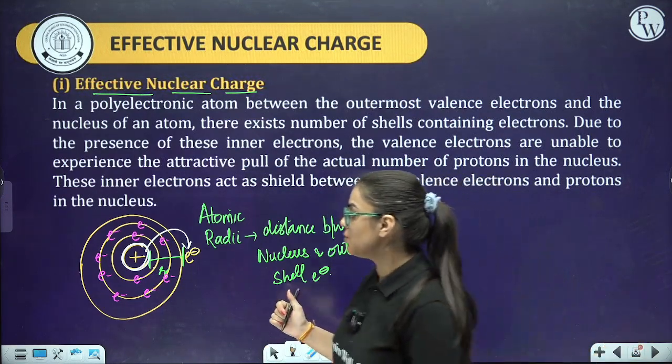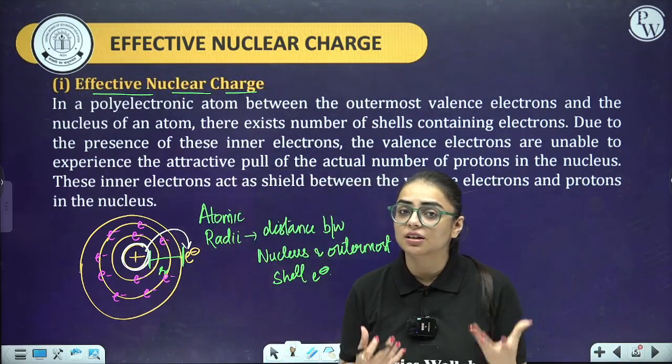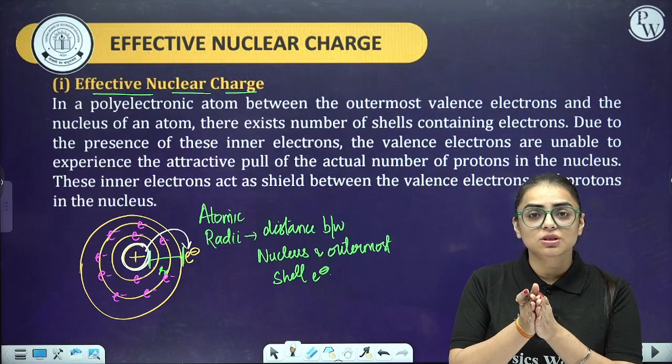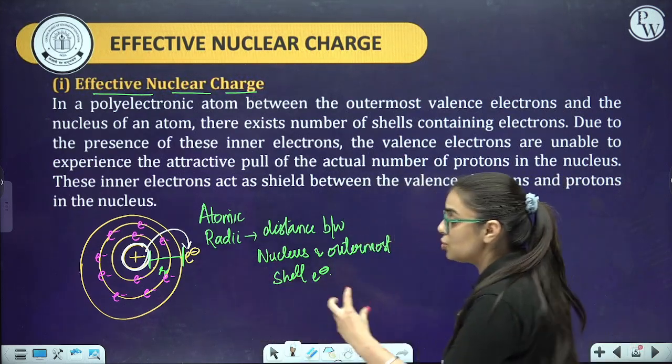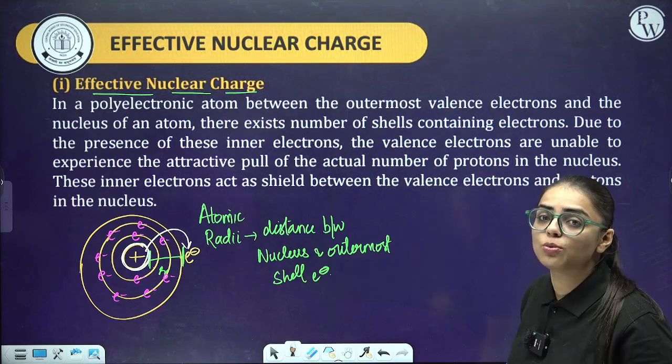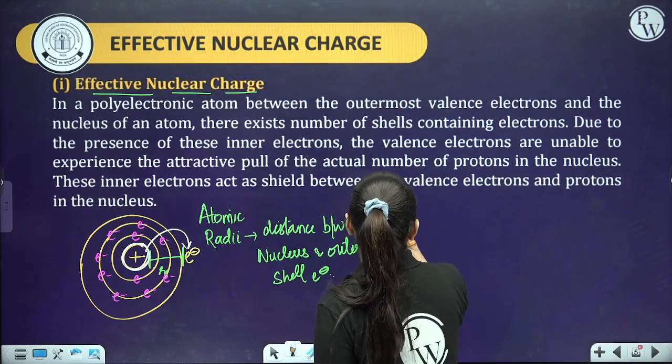So what is happening over here? This positive nucleus is attracting this electron because the electron is a negatively charged species. It is attracting it towards itself, right, students? That means there is an attractive force between them. So the force exhibited by the nucleus on the outermost shell electron is the nuclear charge. What is nuclear charge?